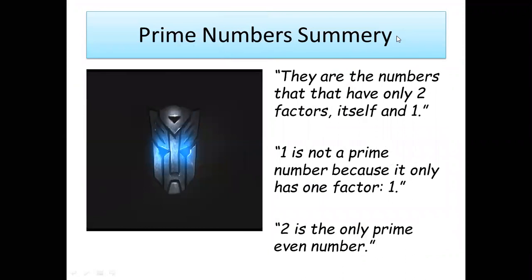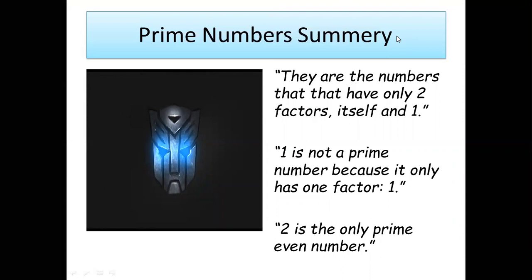Prime numbers summary. They are the numbers that have only two factors: 1 and itself. 1 is not a prime number because it only has 1 factor, which is 1. 2 is the only even prime number. So we have 3 golden rules to sum up the prime numbers.